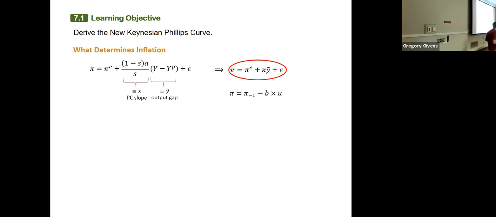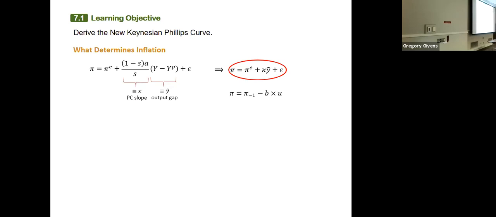The other key difference between the old Phillips curve and the new is the other variable that's driving inflation cyclically. In the old Phillips curve, it's changes in the unemployment rate. That's not microeconomically coherent. The variable that matters in the New Keynesian Phillips curve is the output gap, which is theoretically related to firms' marginal cost of production.